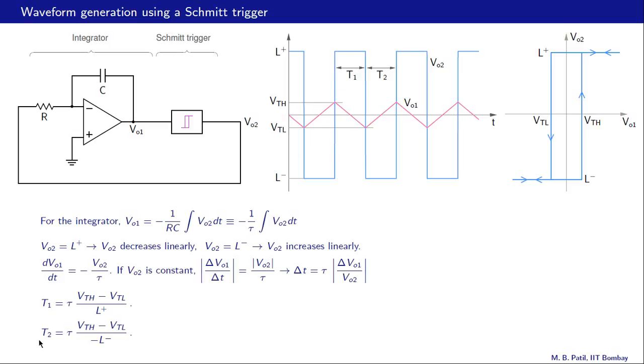What about T2? Similar. Delta VO1 is once again the same, this difference, and VO2 is now L minus, and of course we have to take the magnitude of that, so therefore we have put a minus L minus here. So that is T1 and T2. So the period is T1 plus T2, and that gives us the frequency equal to 1 over T.